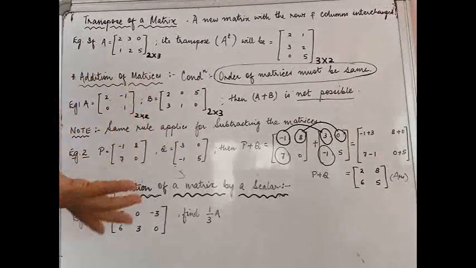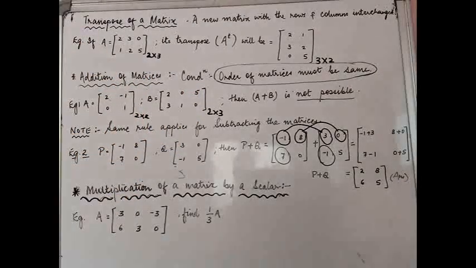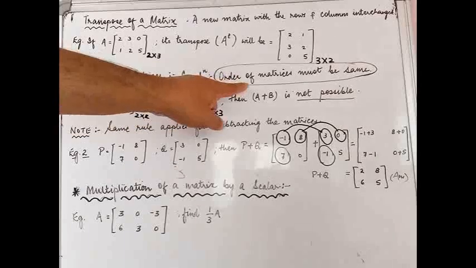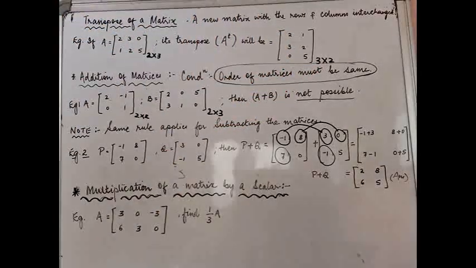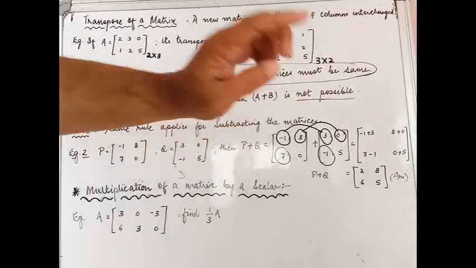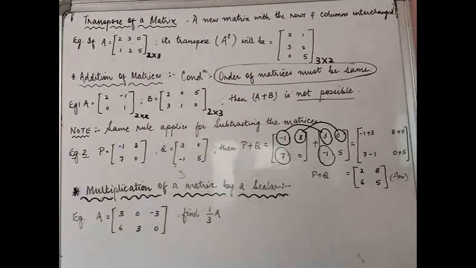The orders are a mismatch, the elements are mismatched. There are no corresponding elements to add. Therefore, please remember the condition: order of the matrices must be same for matrix addition as well as matrix subtraction. The same rule applies for subtracting the matrices also.